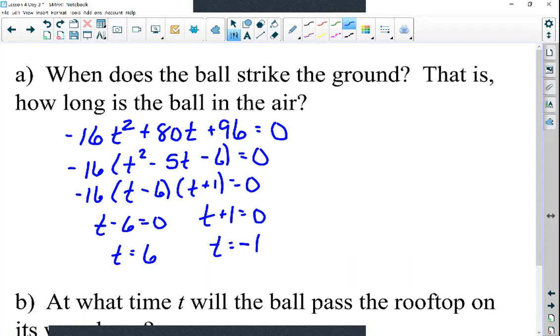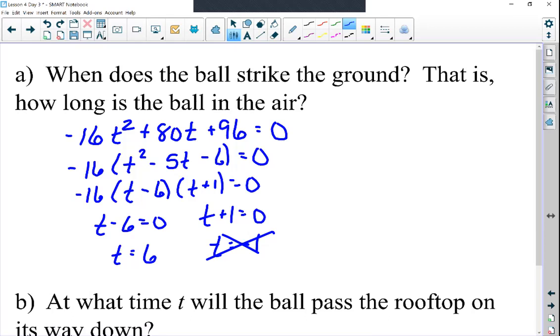And we throw out the t equals -1. Basically saying 1 second before the ball is thrown, it hits the ground, which doesn't make much sense. But the ball is in the air for 6 seconds.